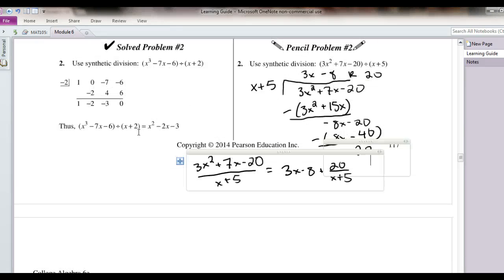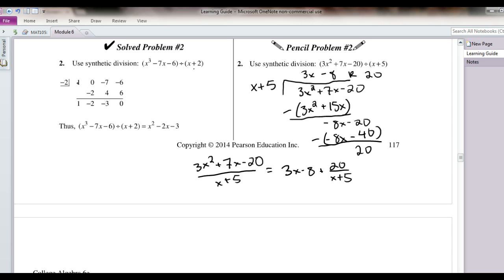Synthetic division is just this trick where you just add the numbers. So rather than write the number on the outside, x plus 2, you write the 0 it corresponds to, negative 2. And then you take all the other coefficients from this one. So notice it's x cubed 1 plus 0x squared minus 7x minus 6. And then you just start multiplying.